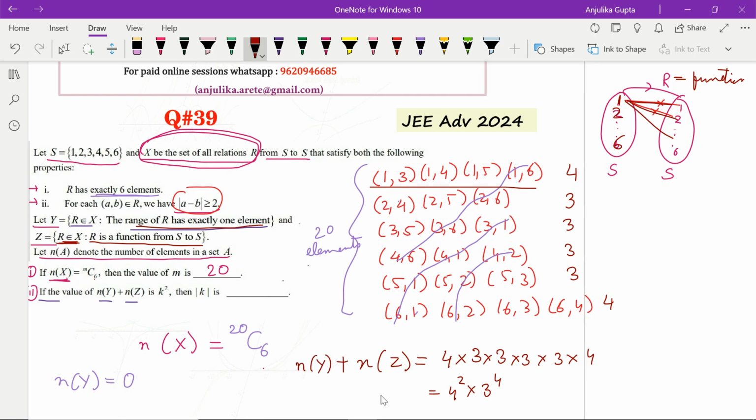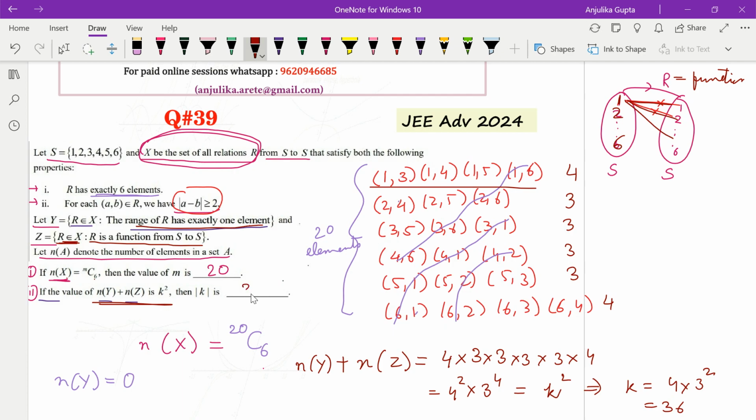No, N(Y) is 0. So this is what they have given you as k squared. Then they're looking for k. Take the square root, so your k would be 4 times 3 squared, which is 36. So the value of k is 36. Interesting question, it depends just on the definition of relation and function. See you with another question.